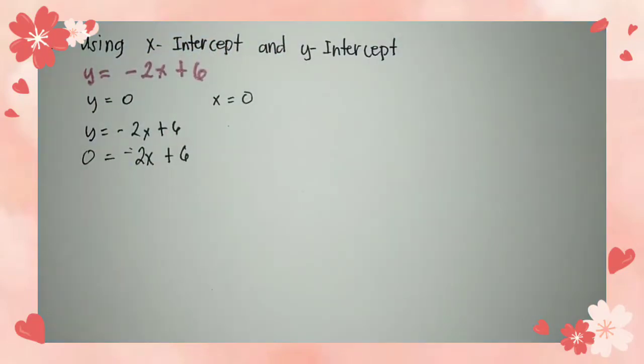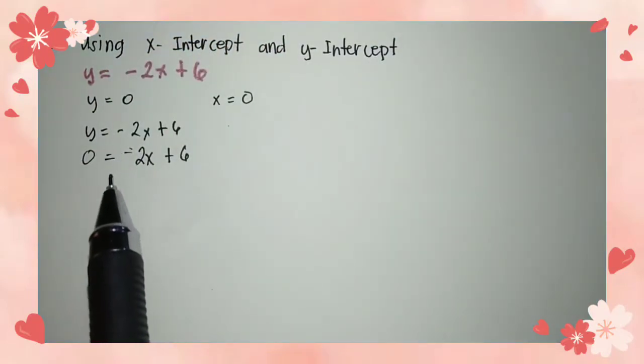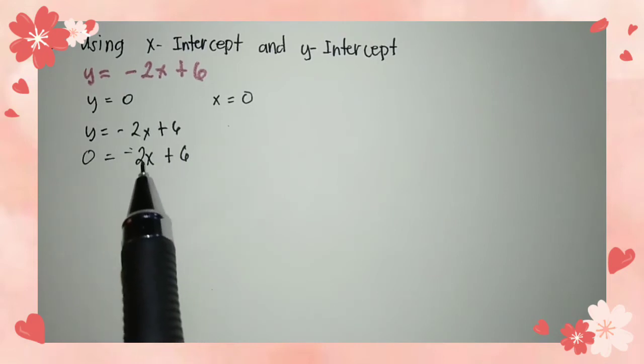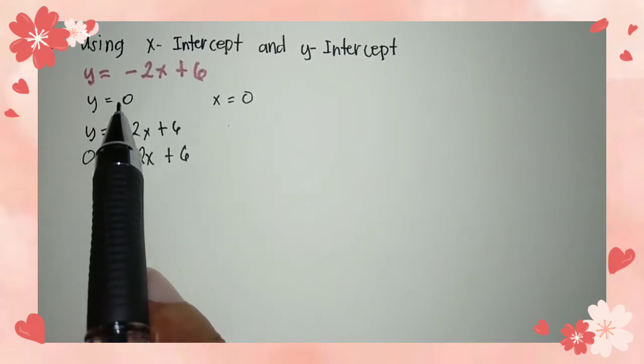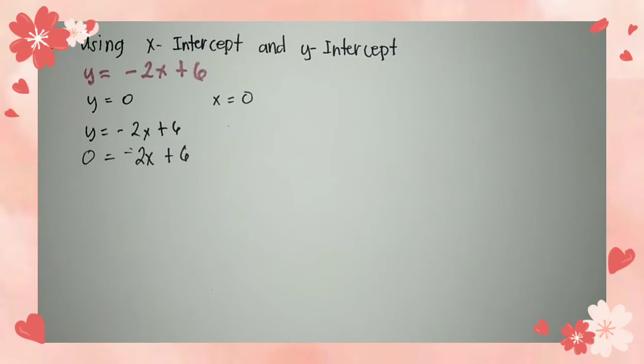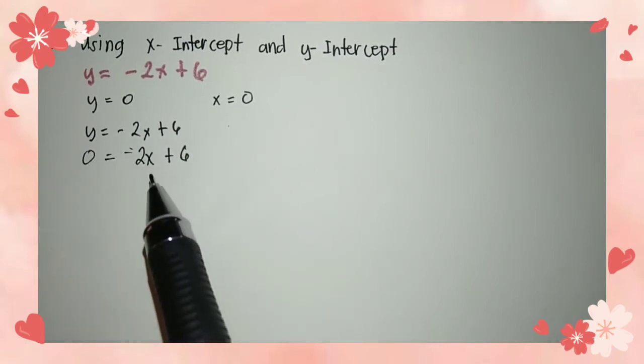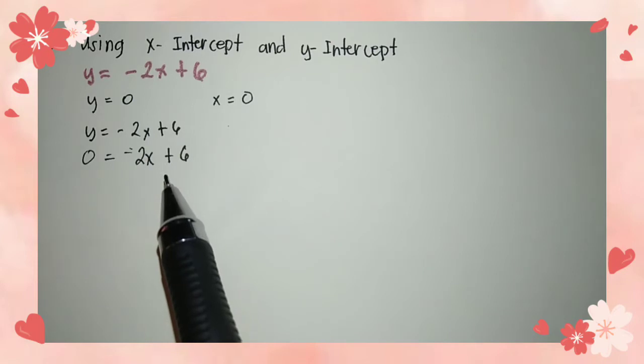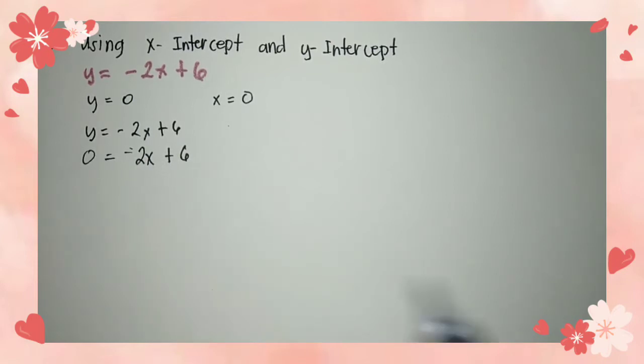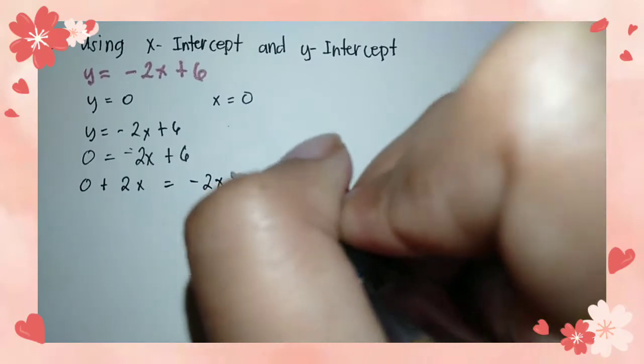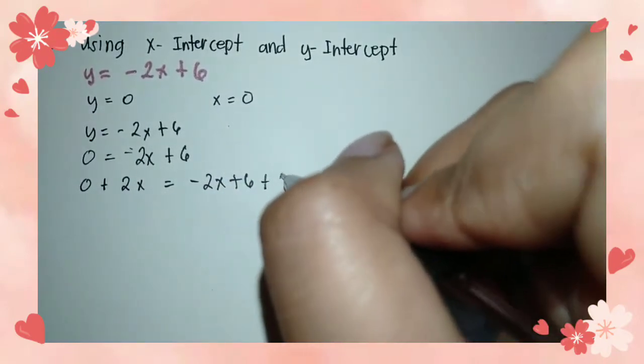The next thing to do is, sa process na to, ang kailangan nating makuha is yung value ni x. Okay? Since meron na tayong y. Alright? So, what are we going to do is, kailangan nating ilipat sa kabila si negative 2x, okay? And ang gagamitin natin dyan is addition property of equality. Okay? So, we have 0 plus 2x is equal to negative 2x plus 6 plus 2x.